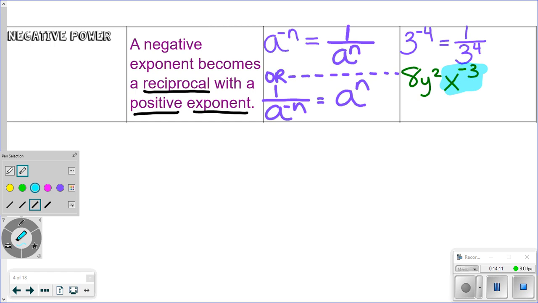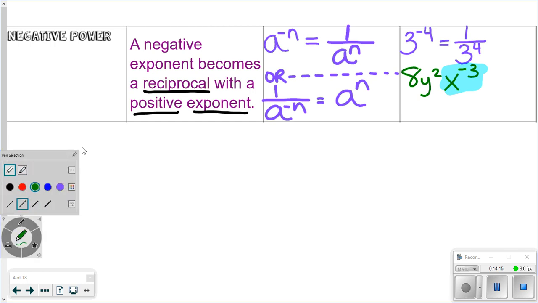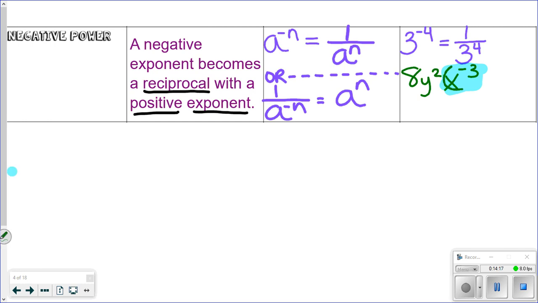Y squared is happy where it's at. So the only thing that we need to move here is this x to the negative 3rd power. We need to move it downstairs into the basement, into the denominator. So I'm going to leave the 8 and the y squared alone because they're positive, they're happy where they're at. But x moves downstairs, and when it does, it becomes positive or happy.